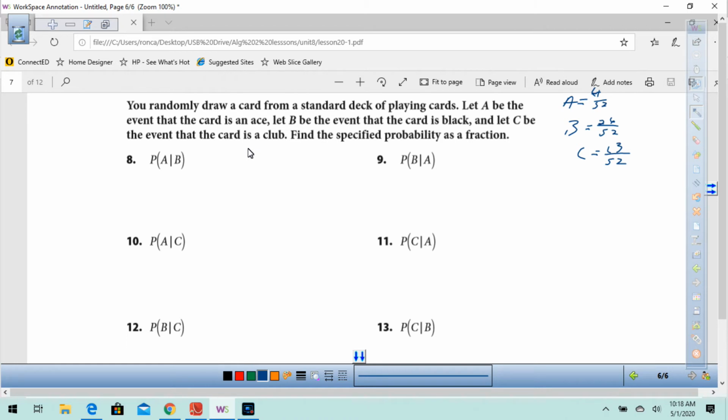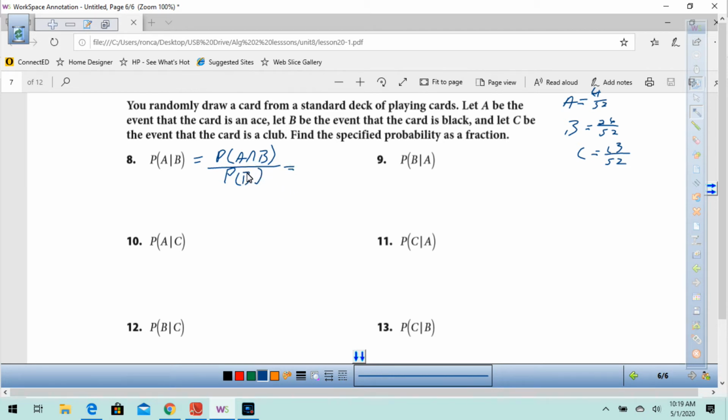All right. So the probability of A, the ace, given that it is a black card, is going to be the probability of A intersection B over the probability of B. All right.